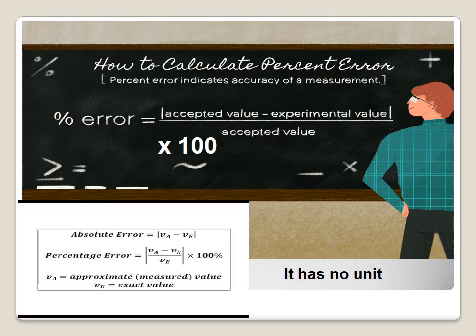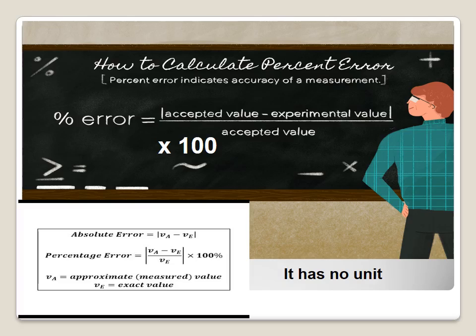Percentage error is equal to the modulus of accepted value minus experimental value divided by accepted value into 100, where the accepted value may be the true value or arithmetic mean and the experimental value is the measured value. Let VA be the approximate or measured value of a physical quantity and VE be the arithmetic mean or exact value or true value of this quantity.